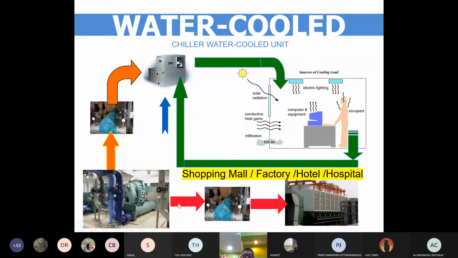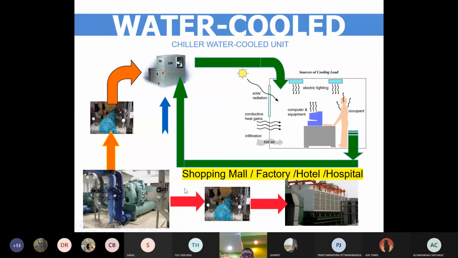Let's say piping for the condenser, the condenser pumps, the cooling tower, and to support the cooling tower and let it work well, you need a water treatment plant to control the water quality in the cooling tower. And the system control is more sophisticated than with air cooled chillers.